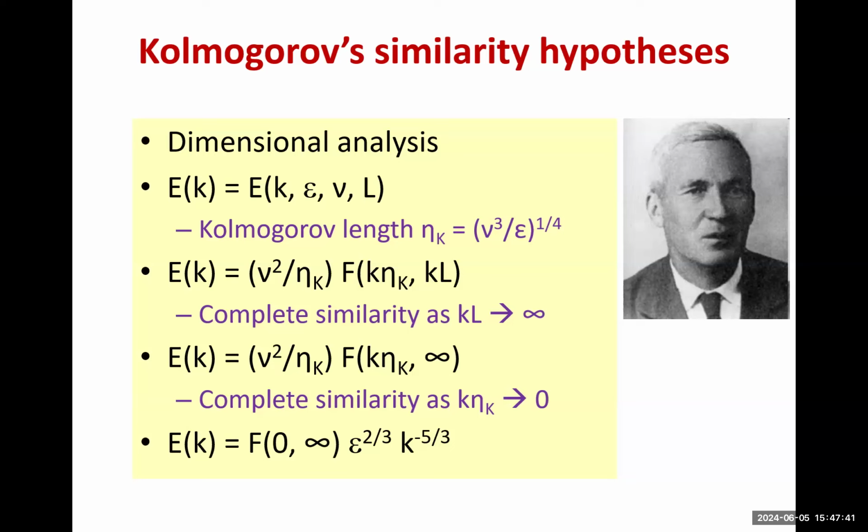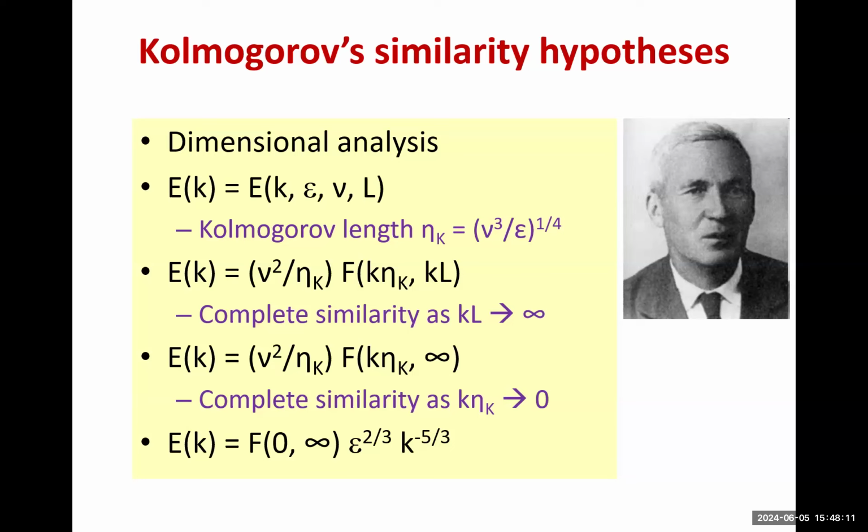Out of these parameters, I can make a length scale called the Kolmogorov length. It's eta equals nu cubed over epsilon to the 1/4. That is dimensional analysis. Then I can simplify the equation. So now E of k is u squared over eta times a function of two variables, k eta and k L. Eta is a length, so k eta is dimensionless.